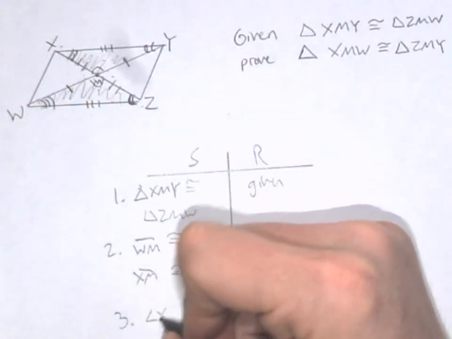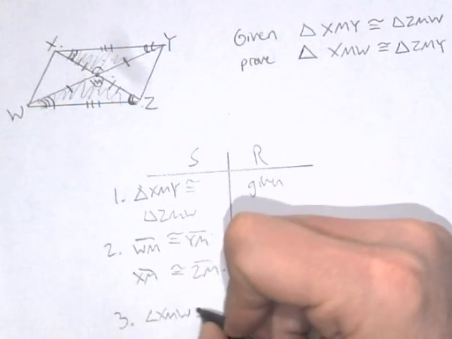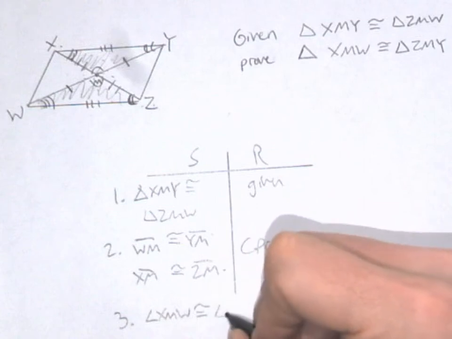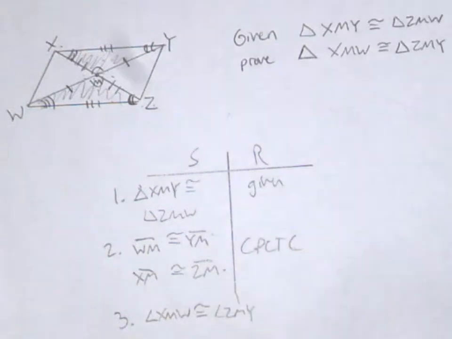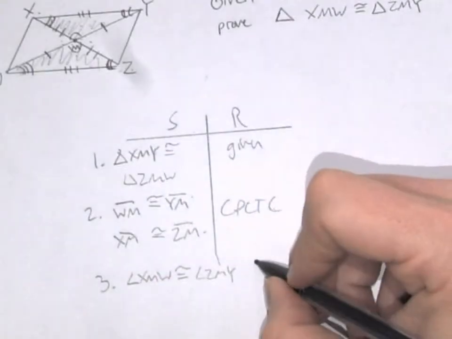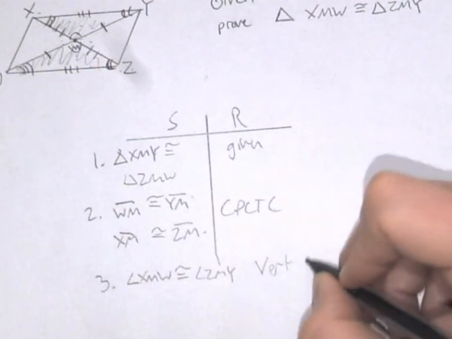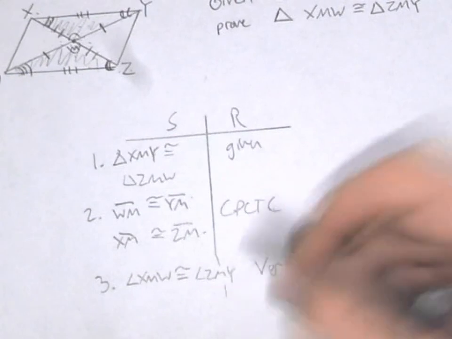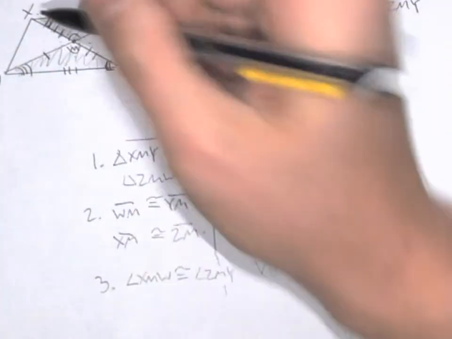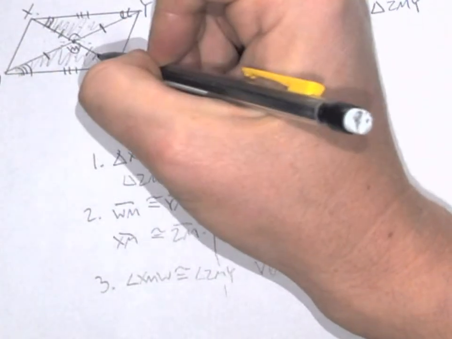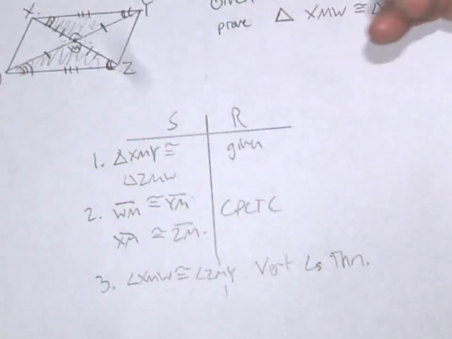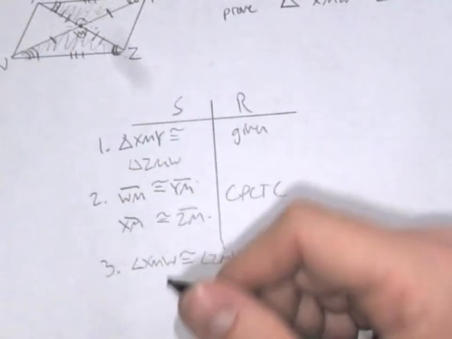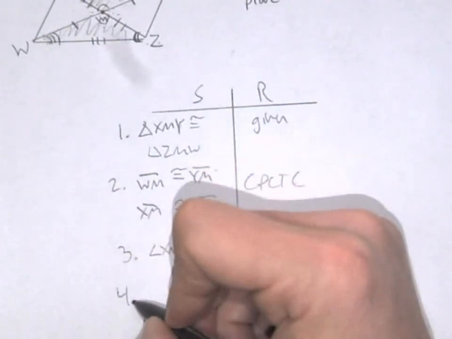These angles right here have to be congruent because they're vertical angles. So also angle XMW, this guy, is congruent to ZMY. How do we know that? Vertical angles theorem. Now notice that I have side, angle, side for the white triangles. We start with a congruent statement for the dark ones, get all the information there, and then use that to get the 2 white ones congruent to each other.